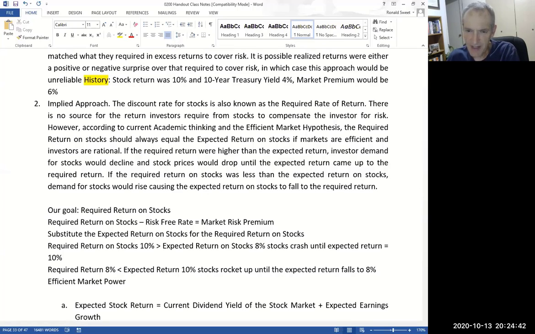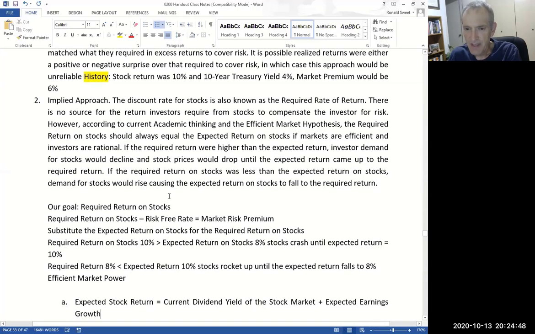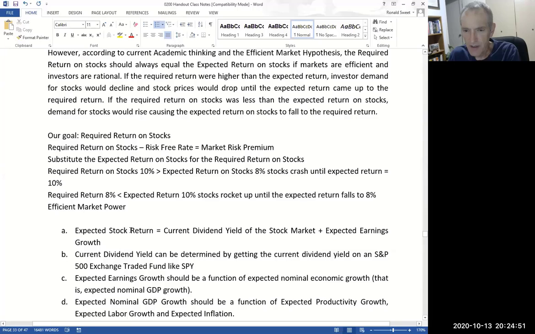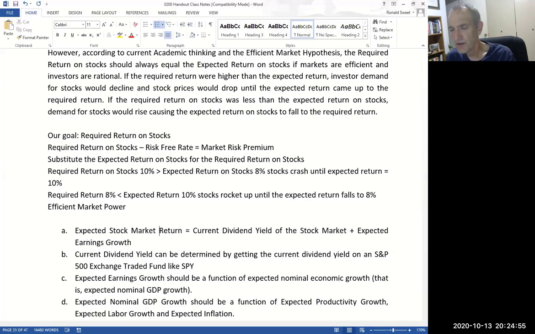So we cannot come up with the required return on stocks, but we can absolutely come up with the expected return on stocks. And here it is right here. The expected return on, this is the stock market. Make sure in your notes you note this. So we're talking about the stock market. I take off a bucket load of points if you do this specifically to your stock. This does not have anything to do with your stock.